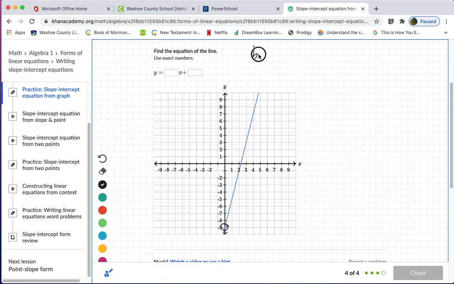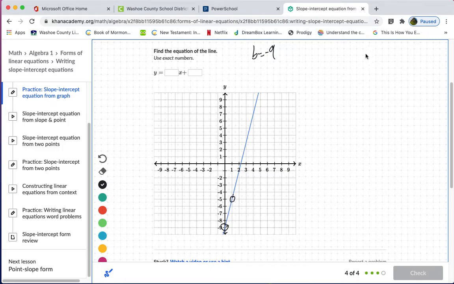So -9 is our y-intercept. We'll say b equals -9. And then we have another point right here that looks like a point. So at 1, -5. And so we're just going to count up again. And we could be using the points, right?